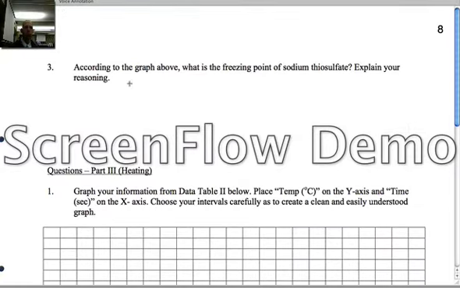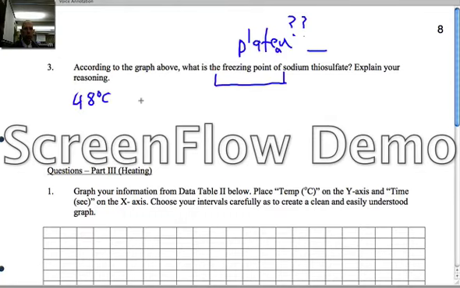So, according to the graph above, what was the freezing point? So any freezing point, we are looking for the plateau. Did I spell that correctly? I think there's an A in there. I don't know. Somebody tell me how to spell that tomorrow. We're looking for the flat place. And explain your reasoning. So we are going to say it was around 48 degrees Celsius.